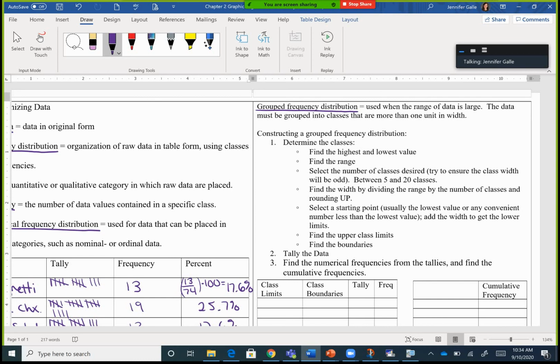Having a large range means your highest and lowest values are pretty far spread out, so we can group the data into classes. So it's not quite so daunting. The steps in that box I already have filled in for you. We'll just talk about each one, and we will create our grouped frequency distribution. Give me a minute here to finish up that definition if you need to.